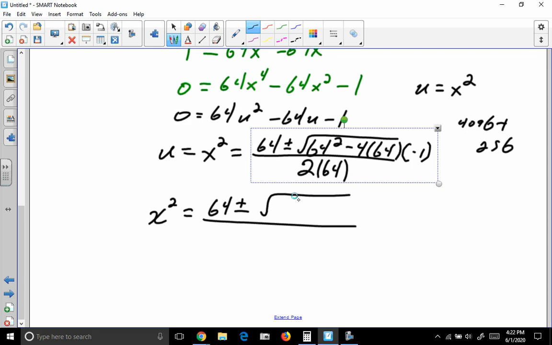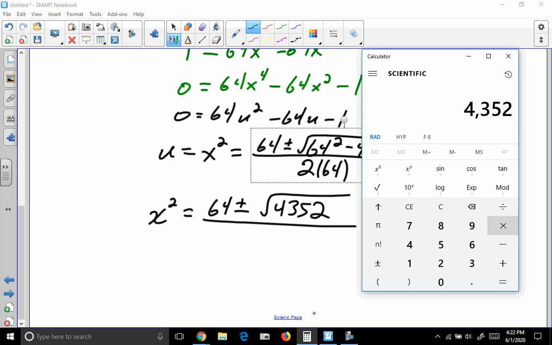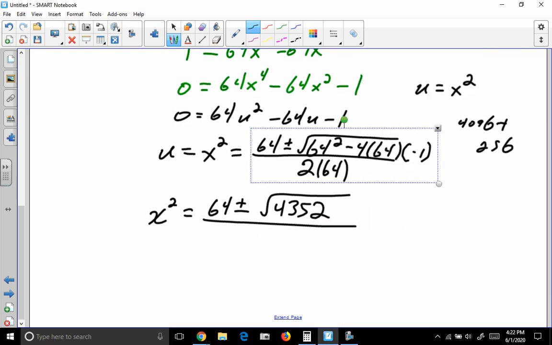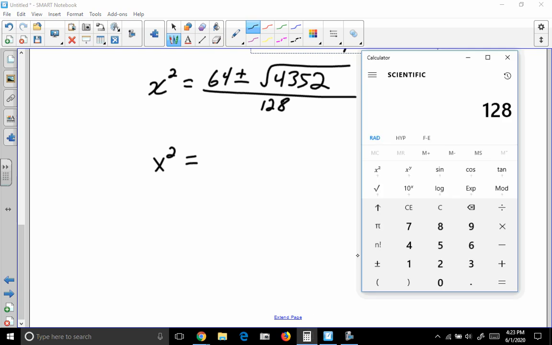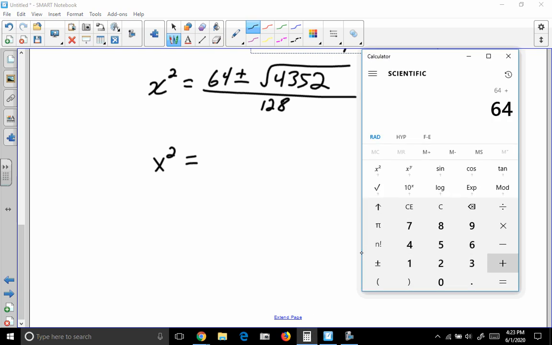4,352. 4,352 over 64 times 2. So we can get this as a decimal. We can do 64 plus whatever that is, 4,352, take the square root of that.